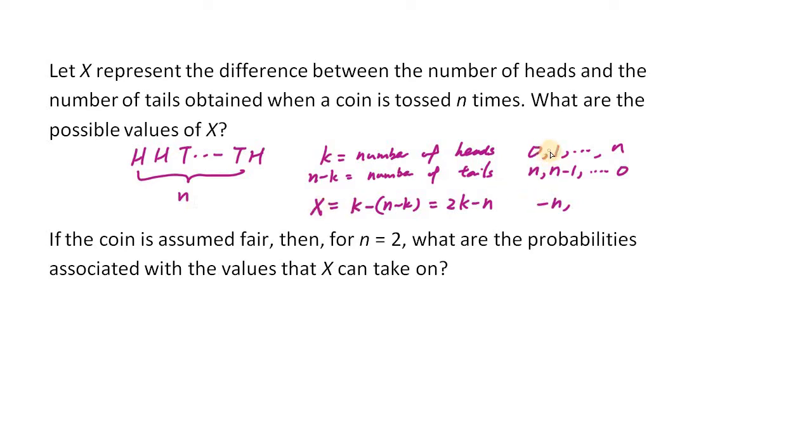And then when k is equal to 1, it will be 2 minus n. And when k is equal to 2, it will be 4 minus n. You can see that the difference increments by 2 each time, because we have a coefficient of 2 in front of k.